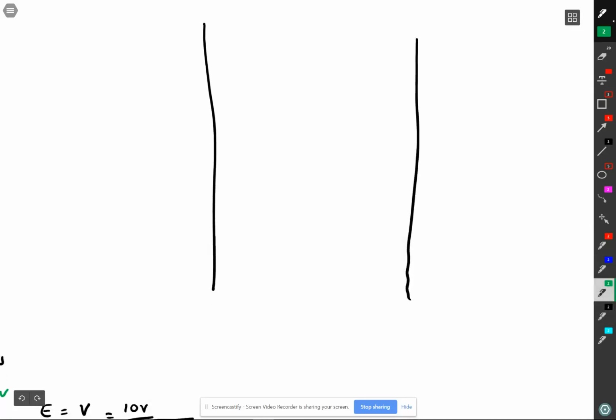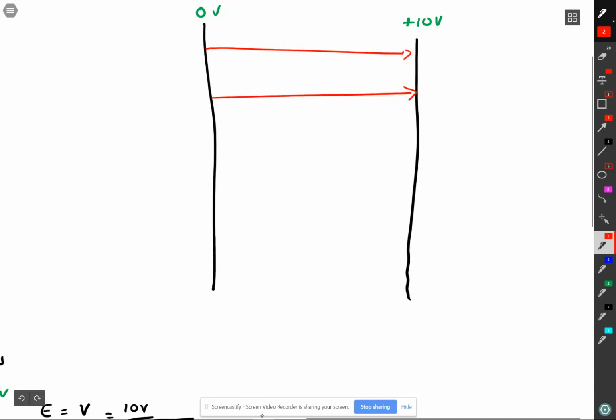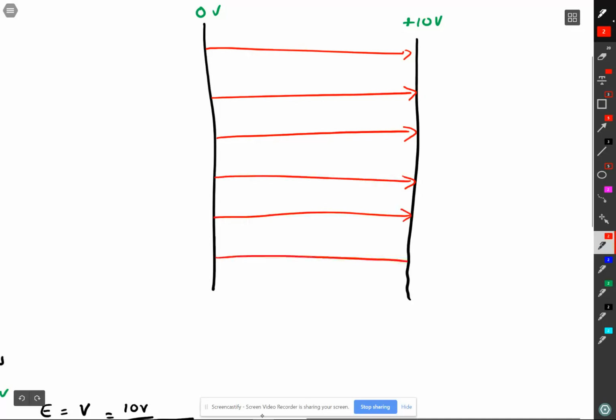I put this side at plus 10 volts, this side at 0 volts, and then the electric field lines. As I said, the electric field lines are going to be uniform inside the capacitor. The spacing for these should be exactly the same for each line, and the lines should be exactly straight.